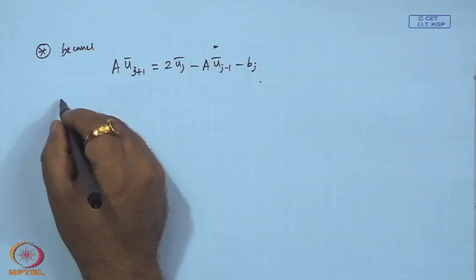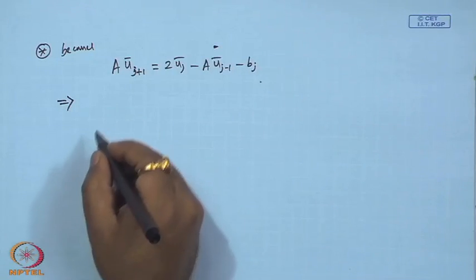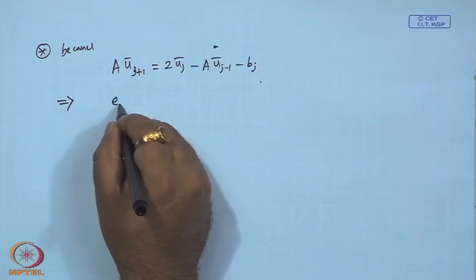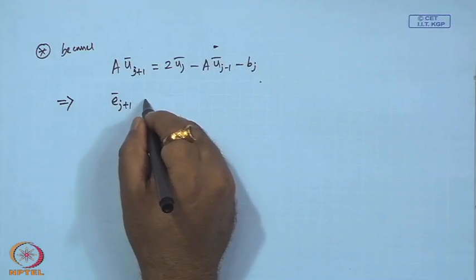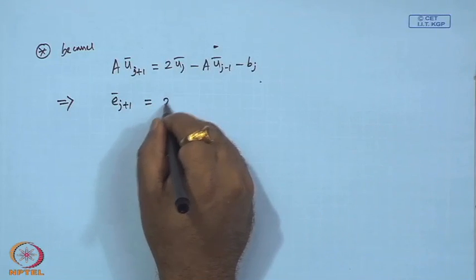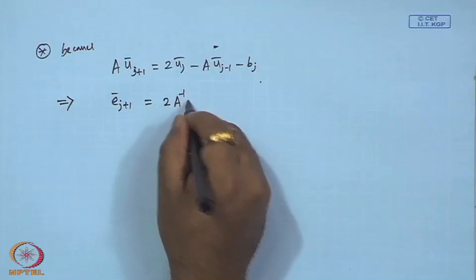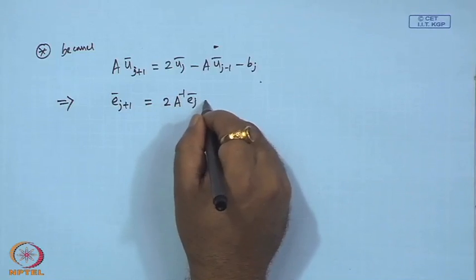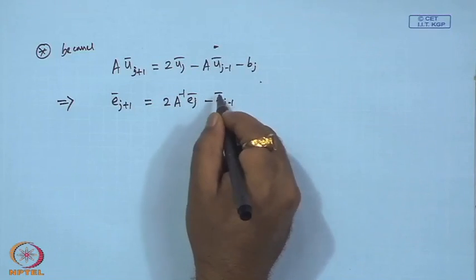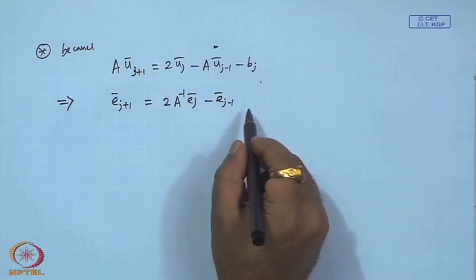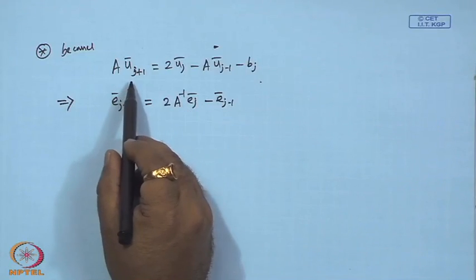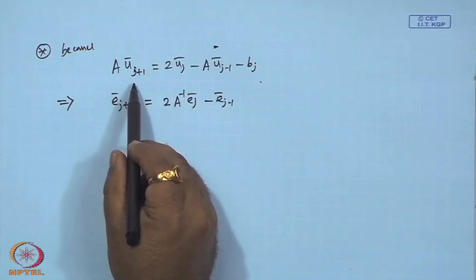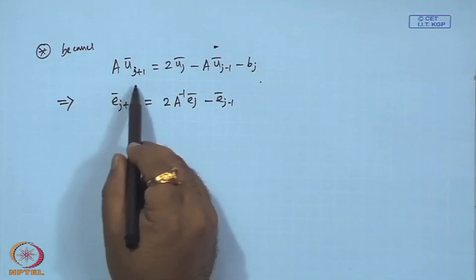So, now this suggests that E j plus 1 is 2, okay. How did we get that? So, you can write at other time level, okay, and then take the difference.